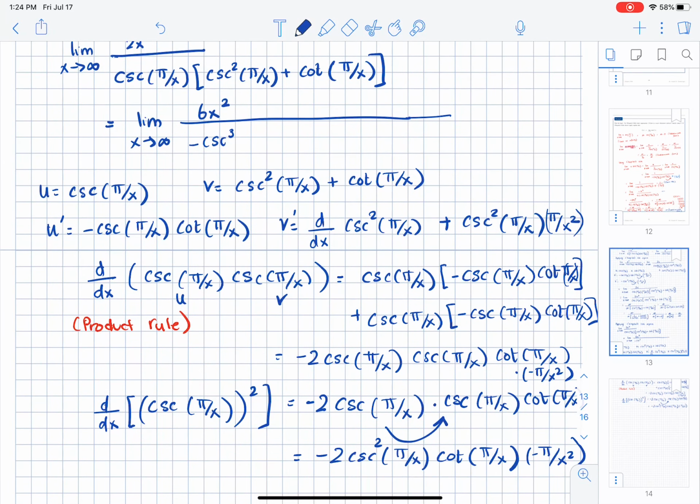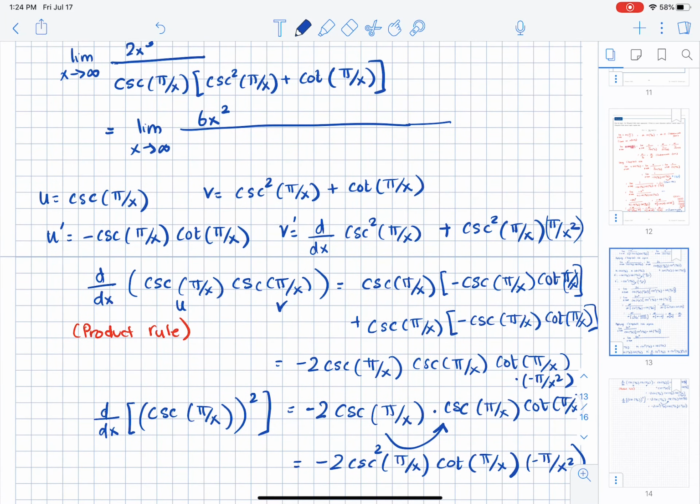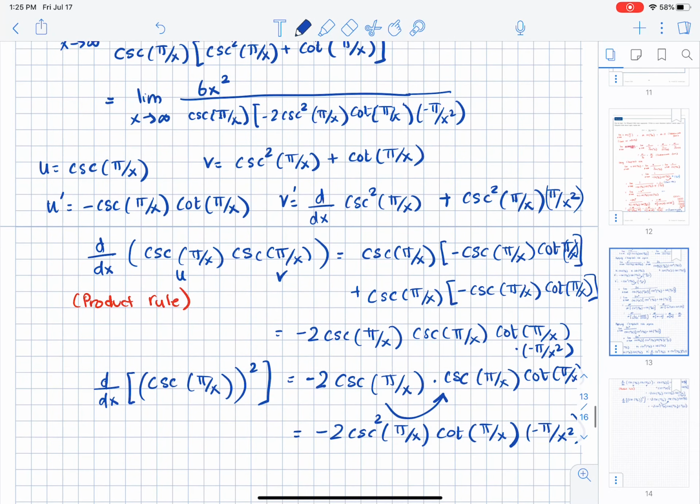So u v prime would be the product of cosecant pi over x multiplied by negative 2 cosecant squared pi over x cotangent pi over x times negative pi over x squared, plus v u prime: cosecant squared pi over x plus cotangent pi over x multiplied by negative cosecant pi over x cotangent pi over x.